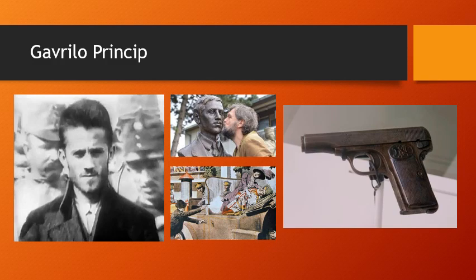And by all means, I understand this was their understanding. No one was aware of how this one event would put all the alliances to the test. The effect of a single bullet fired from this Browning at Sarajevo will resonate to the entire corners of the world.